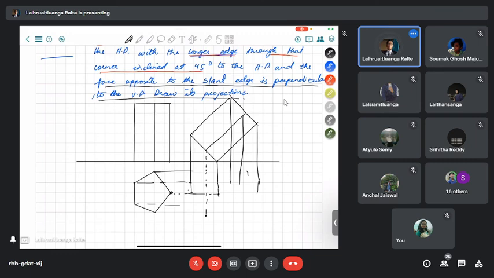That corner, the base still remains the same. Yeah, it was correct only.